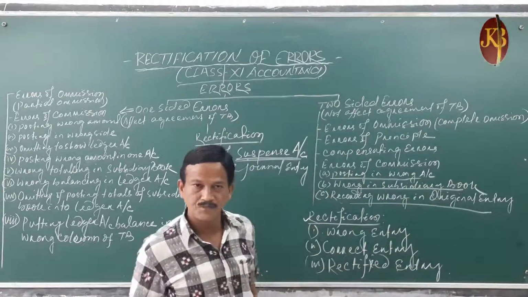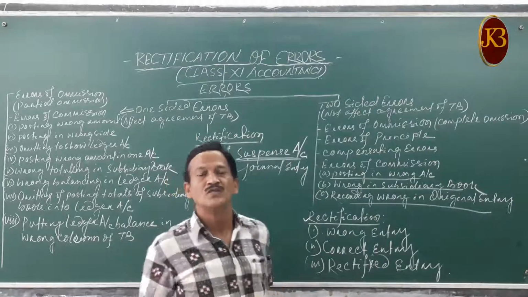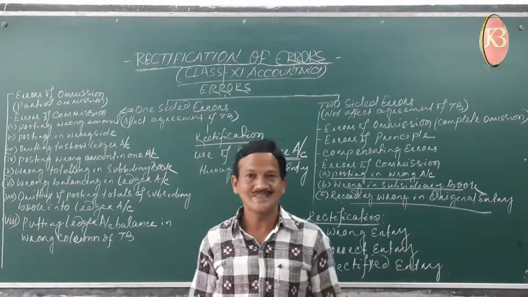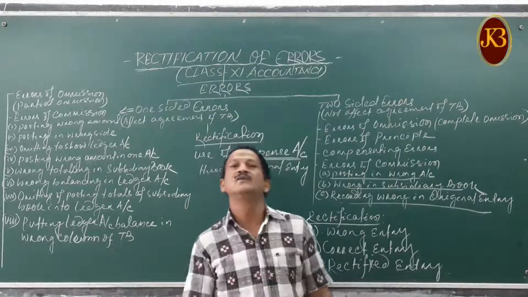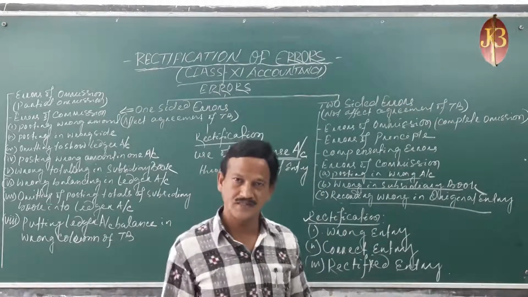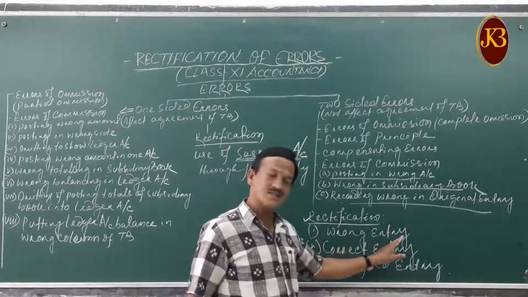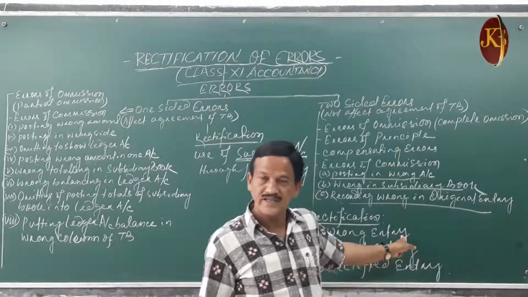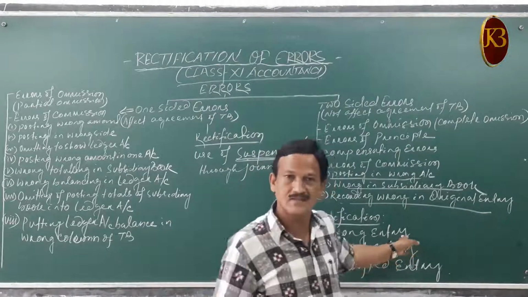For example, purchase of goods rupees 1000 from Ramesh recorded as purchase of goods from Rakesh 1000. So the wrong entry is purchase of goods from Ramesh recorded as from Rakesh.